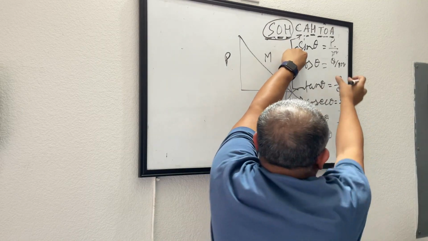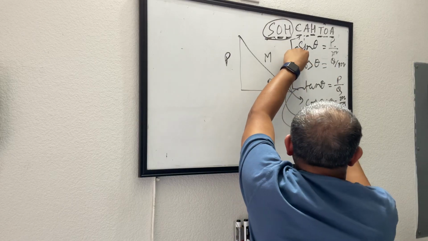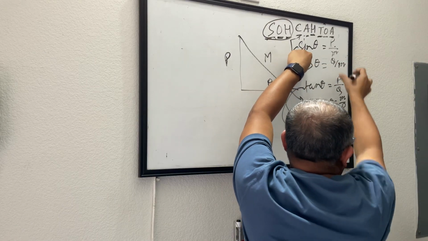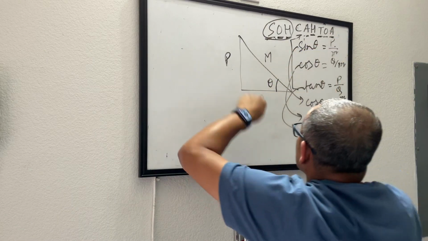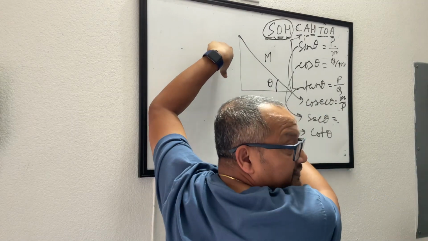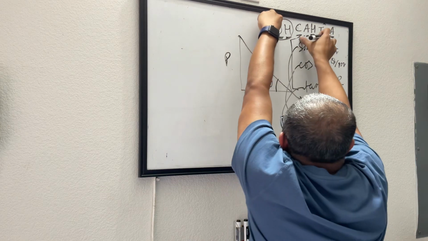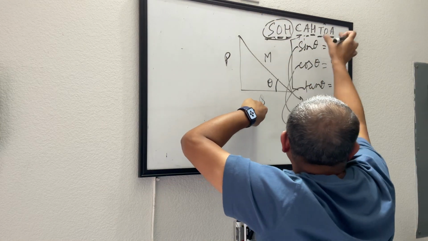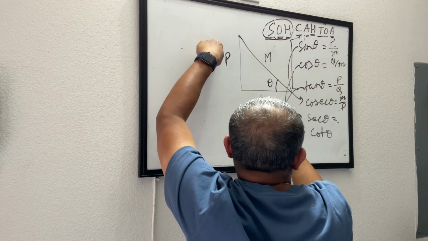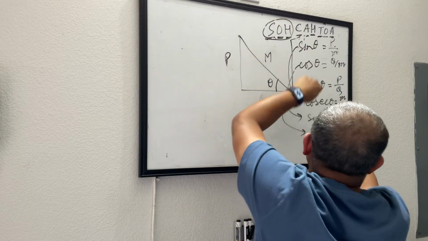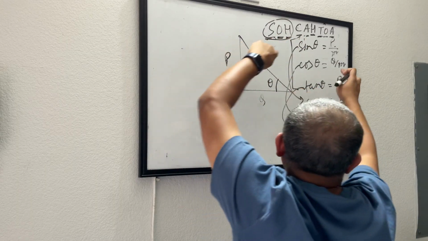Cosine is Q by M from this triangle. So you don't have to remember PQM here, okay? You have to just remember this, because the names of the sides and the lengths of the sides could be different, okay? Sine is opposite side by hypotenuse, cosine is adjacent side by hypotenuse, tangent is opposite side by adjacent side.